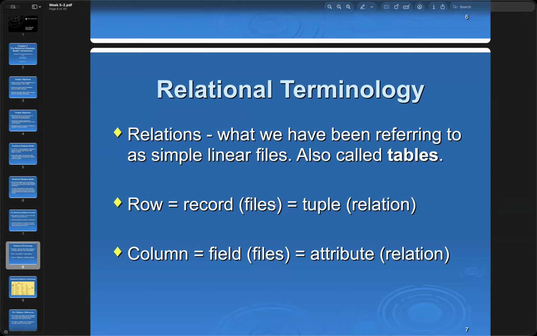In a file, we sometimes call it a record; in a relation, that means the table. A tuple is a row, and the column we describe as a field in files, or an attribute in a relation. That's why you hear lots of different terms, maybe on paper or in a lecture, but all these mean the same.